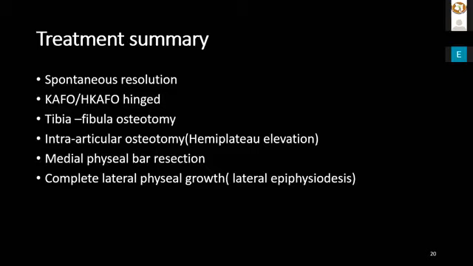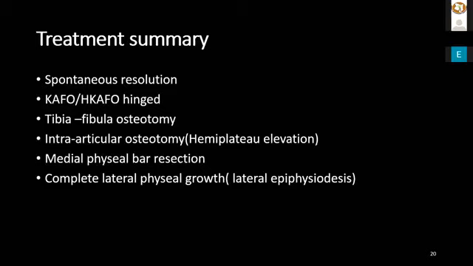First, stage 1 may spontaneously resolve in the majority of these children, so you can just observe by noting the intercondylar distance and doing X-rays every 6 months. Why every 6 months? You expect some improvement of 0.5 degrees per month, so by the end of 6 months you'll notice a 3-degree improvement.